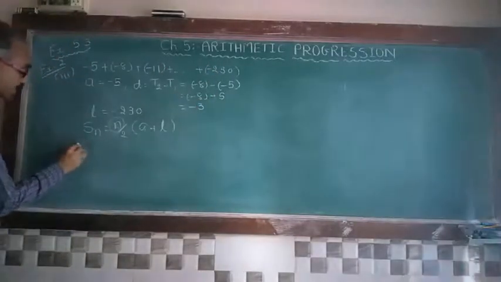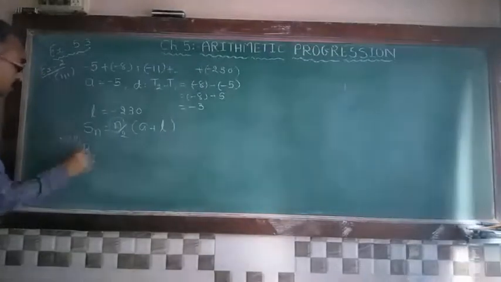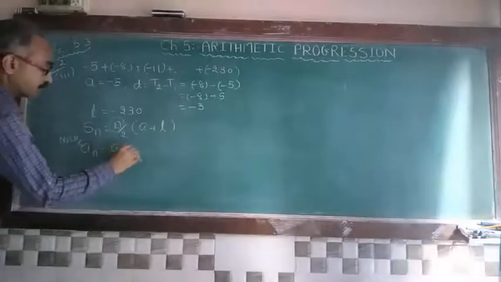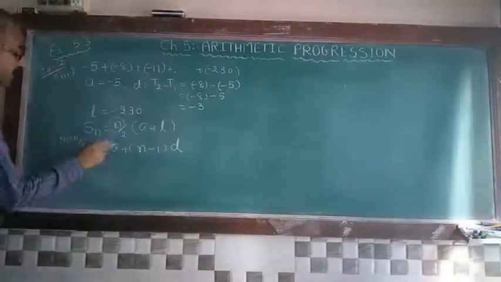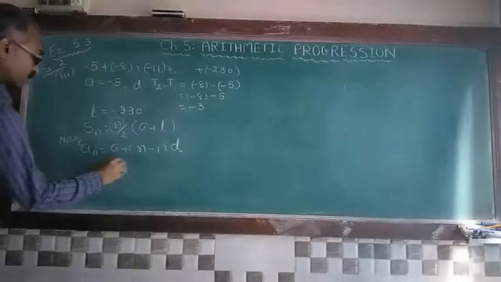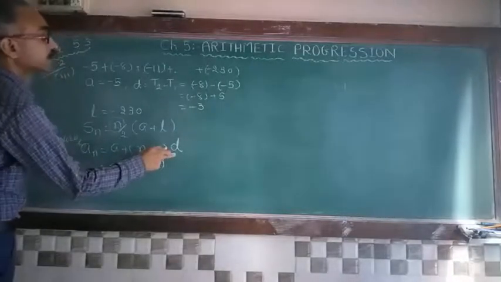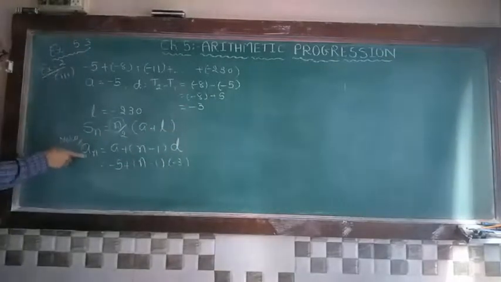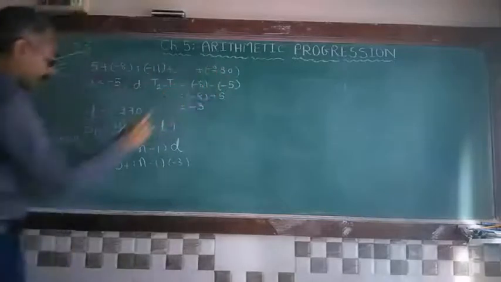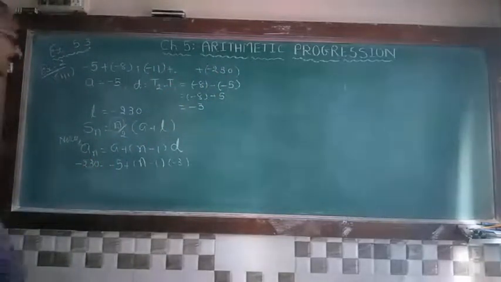See here, first you have to write an is equal to a plus n minus 1 into d, where a is -5 plus n minus 1, and d is -3, and an is the nth term. The last term is given to you, -230. Write down here -230.